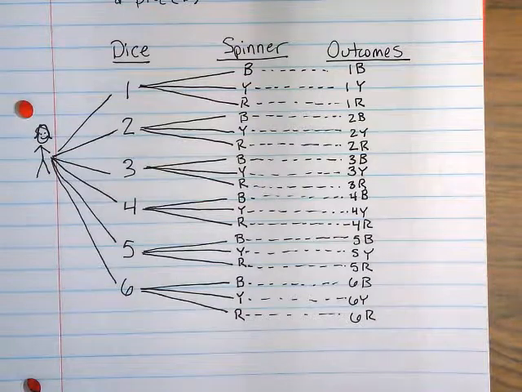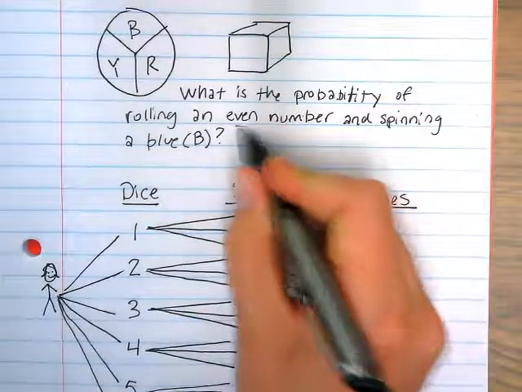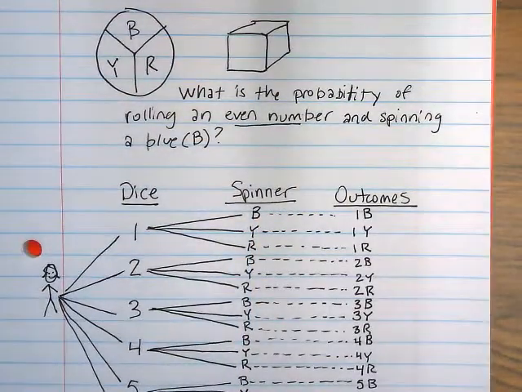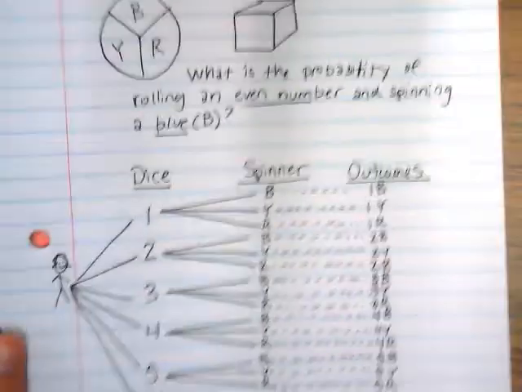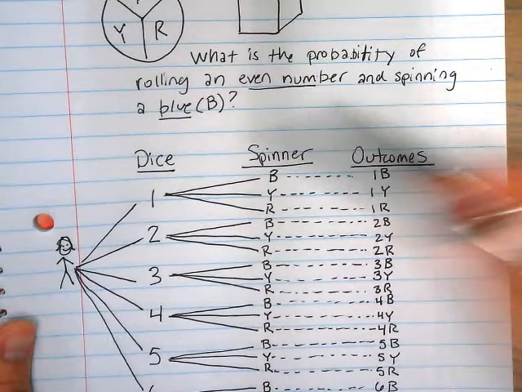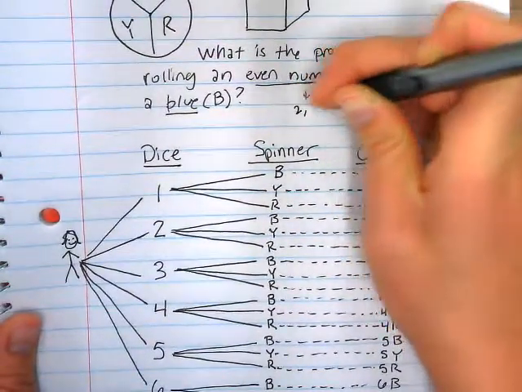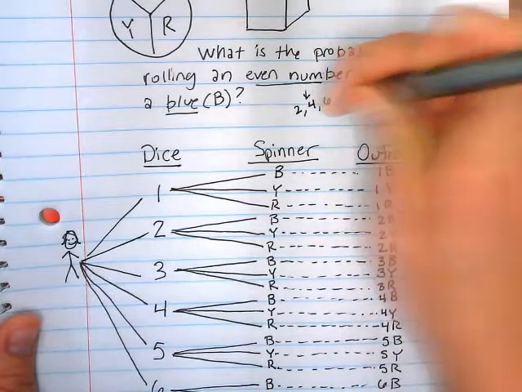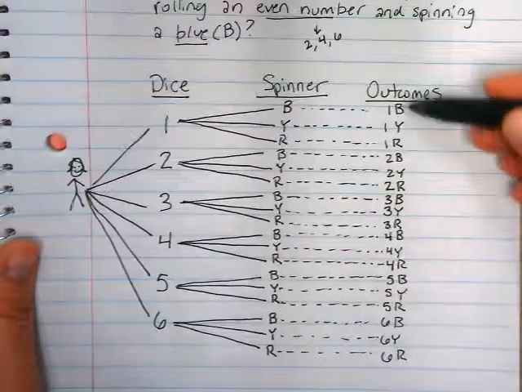It asked us, what is the probability of rolling an even number and spinning a blue? Well, that means I'm going to look in my outcomes to see which ones have an even number and a blue. And remember, our even numbers are 2, 4, and 6. That's what we're going to be looking for. So, let's see.